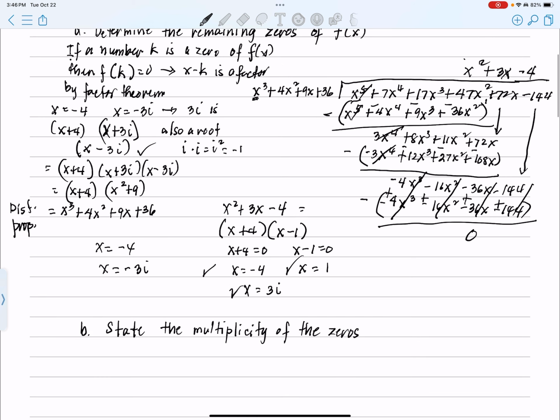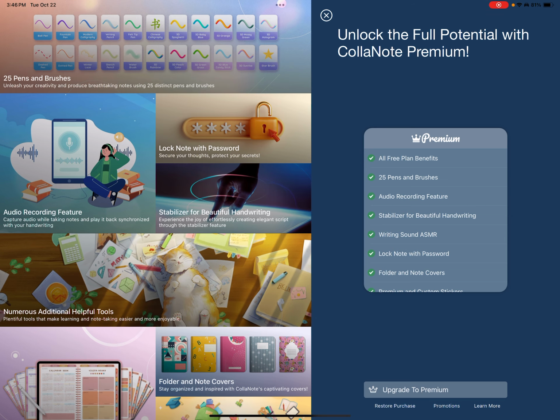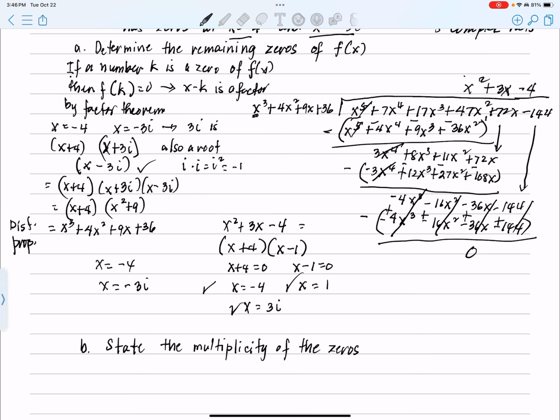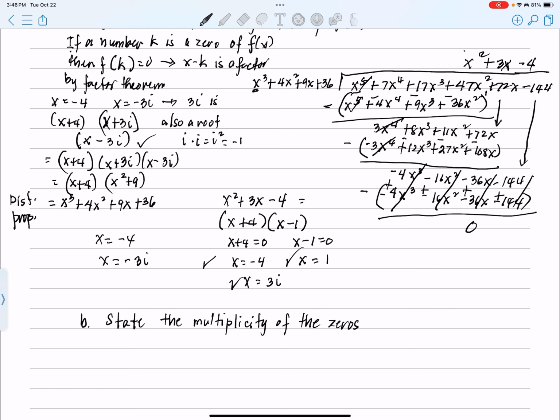So we have 5 roots. Okay. Now you could check the zeros given to us by multiplying it back to see if you are really getting the function that is given. So I'll give you a chance to do that by yourself and check if our answer is correct.